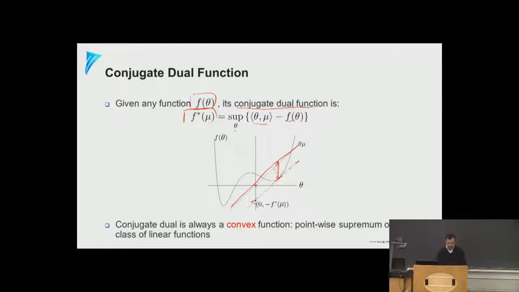And it is a convex function because you can see intuitively this is a pointwise supremum of a class of linear functions, with different means. It's always a lower bound on that original curve, regardless of whether it's convex or not. But this envelope function is a collection of linear functions.